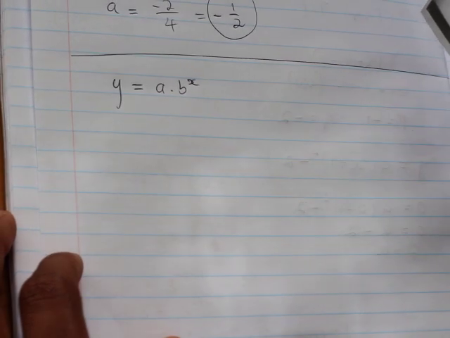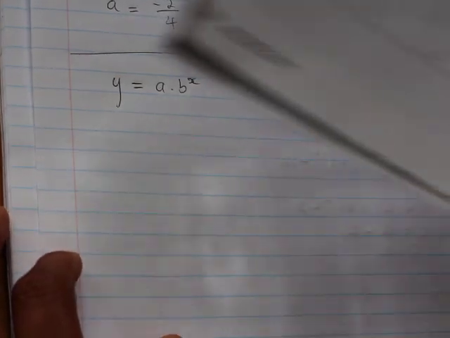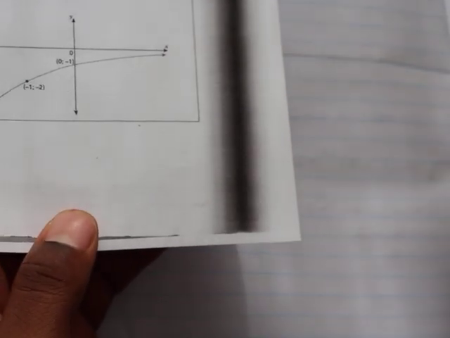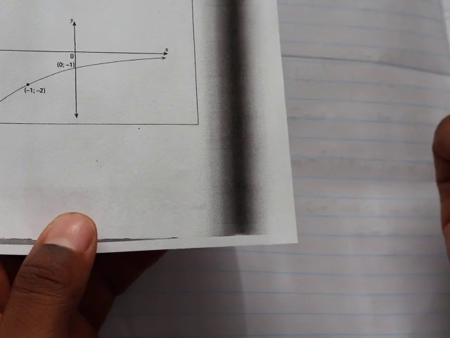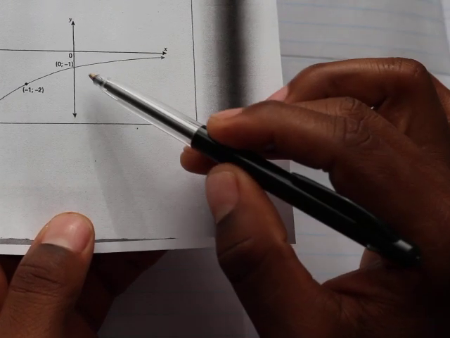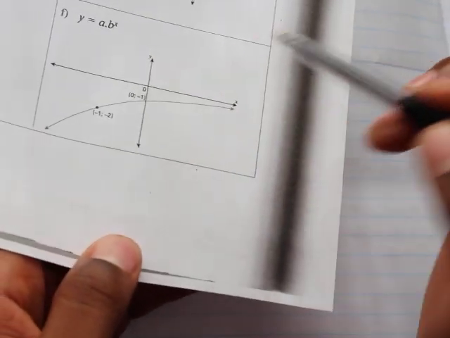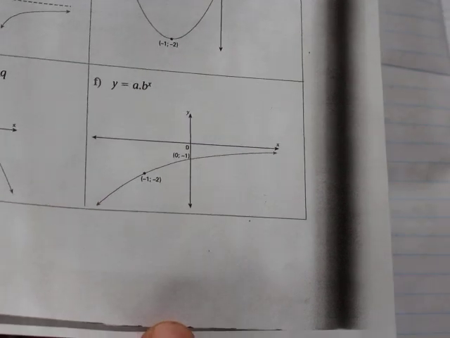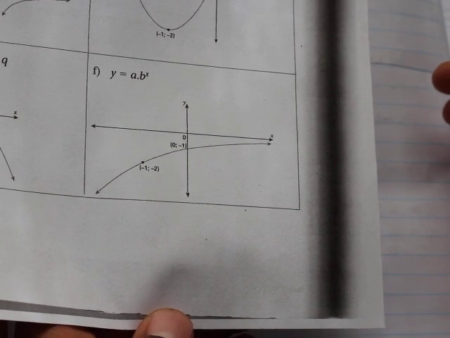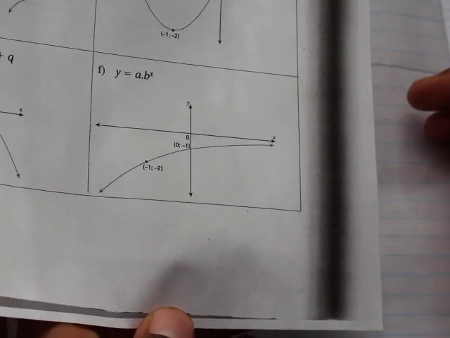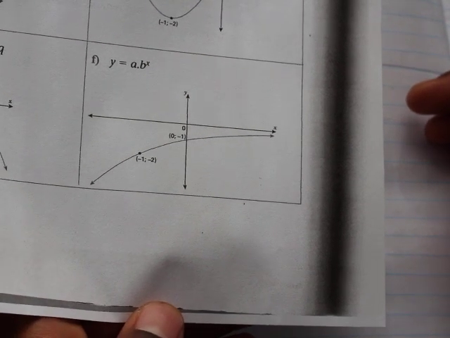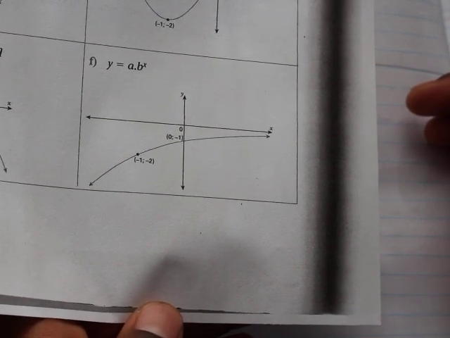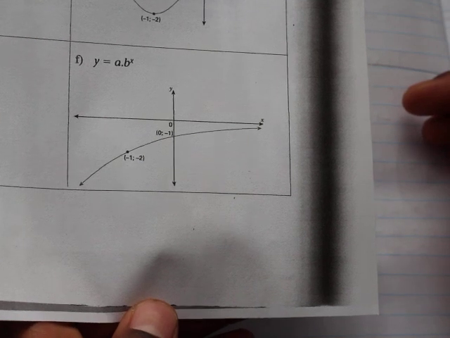So, this time around we are given this function y is equal to a times b to the exponent x. So you can see this is an exponential function. We are given the y-intercept. We're also given just an ordinary coordinate. So what we're going to do is substitute the y-intercept first, because it's got a 0.